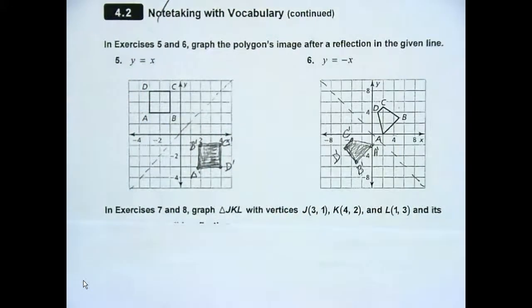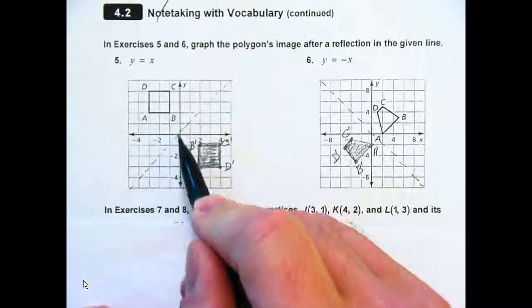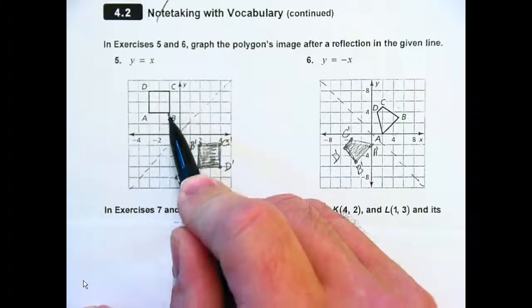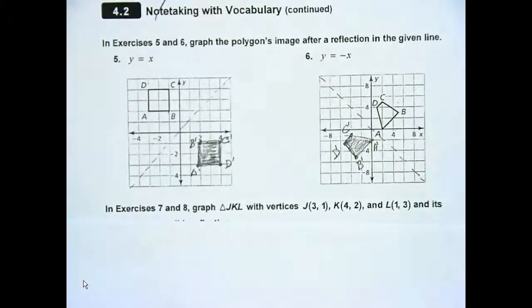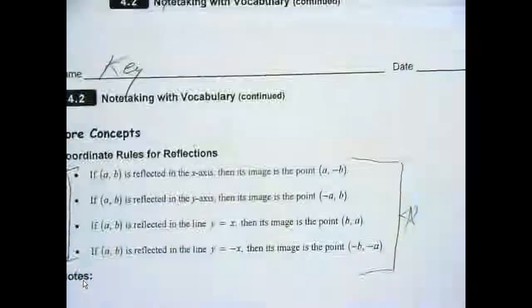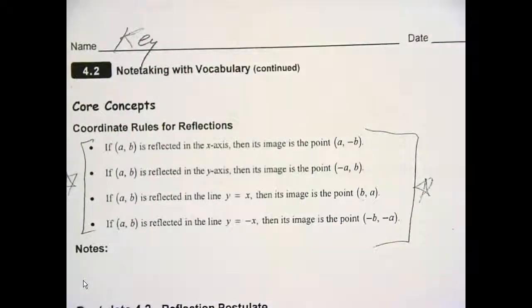Can I have your attention up here? Make sure that on this one, when I reflect point B, remember the coordinates for B are -1, 2. If you're looking at this top part, when you're reflecting across y equals x, you just flip them around.